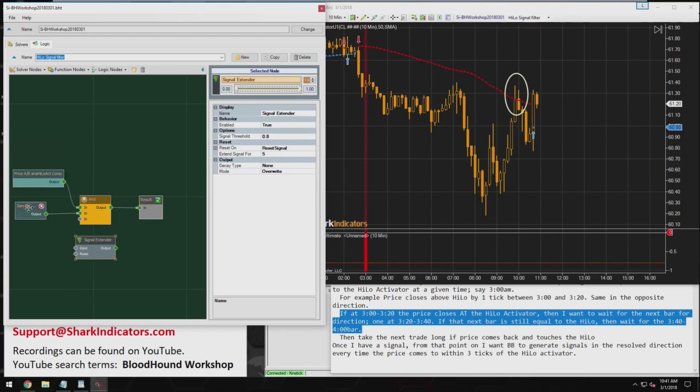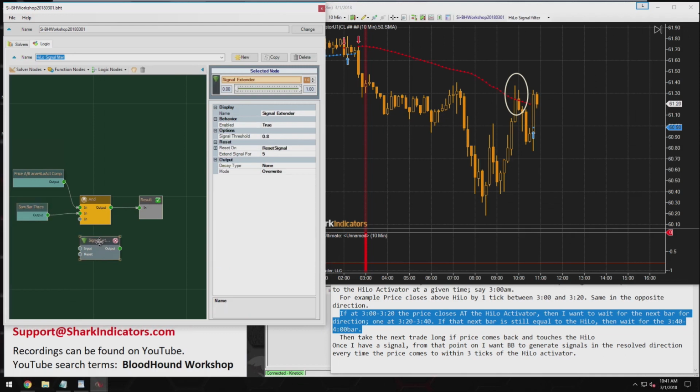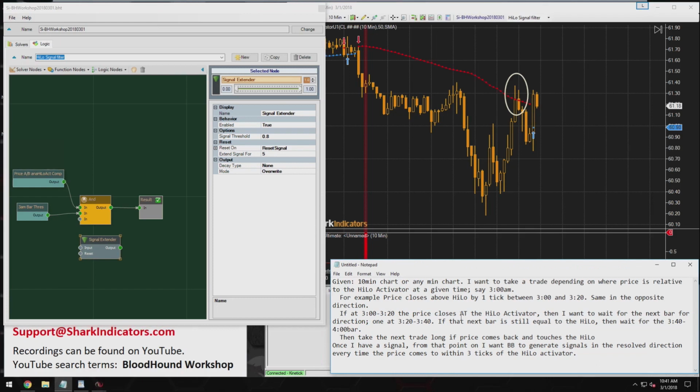I'm going to use the signal extender to basically enable this part here where we want to wait for the next bar, where we want to keep checking the bars afterwards, right?